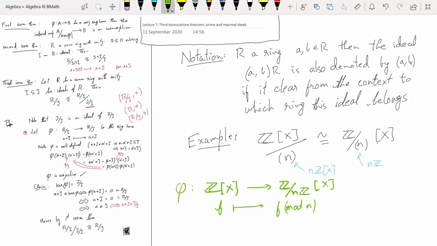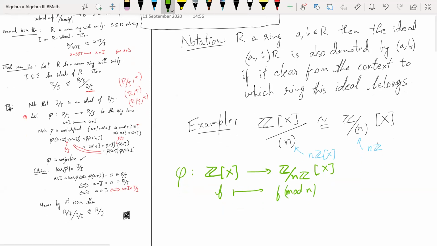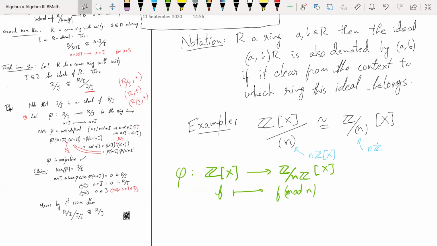From the context, it will be clear to which ring this ideal belongs, if there are many rings floating around and these elements are there in all of them. Like in this example, n belongs to Z[x] as well as Z, and on the left hand side this ideal is n times Z[x], and on the right hand side this ideal is n times Z.